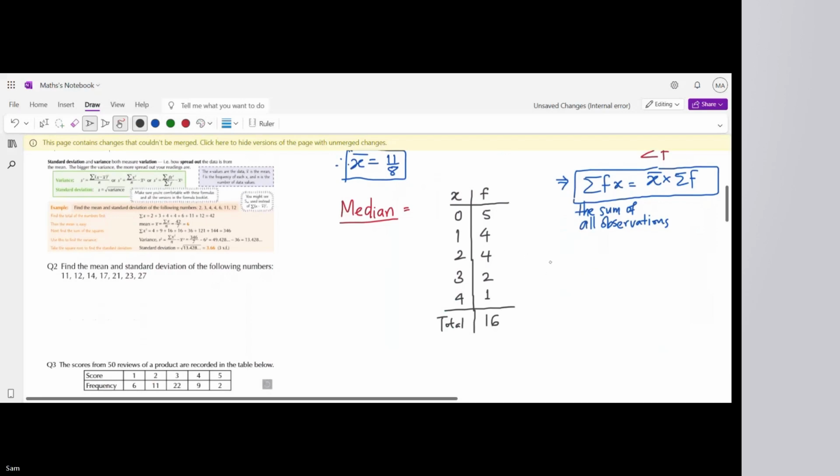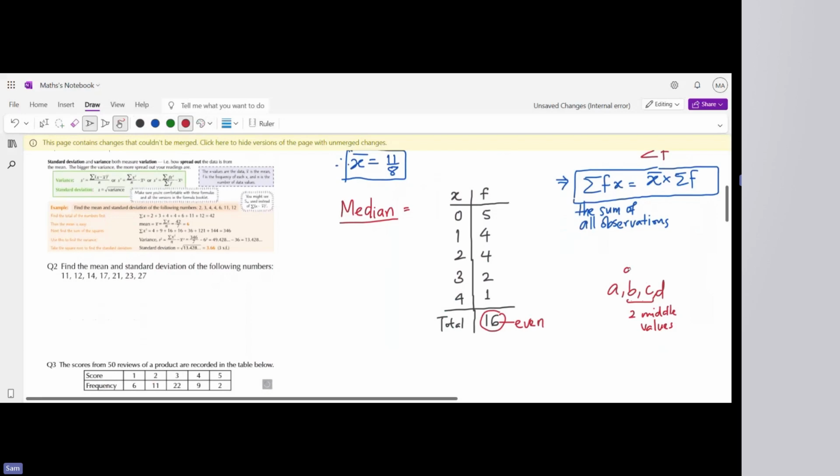Notice that we have an even number of observations. 16 is an even number. When we have an even number of values, say A, B, C, and D, there are two middle values, and we take the average of them.